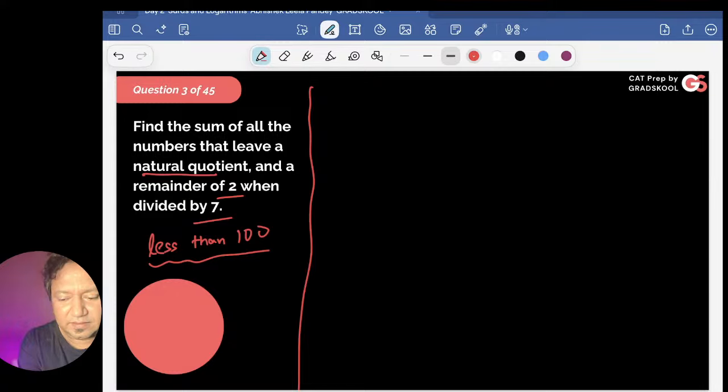That's right. Great. 7n plus 2. ये बोल रहा है नेचुरल क्वेश्चन, तो 7n+2 ही मान लेते हैं. That is the nth term. We need to find the sum of all such terms. 7n+2. तो बताओ मेरे को फर्स्ट टर्म क्या हो जाएगा.